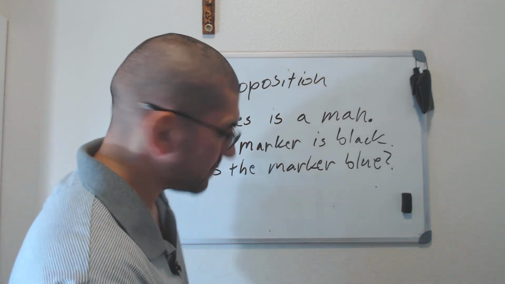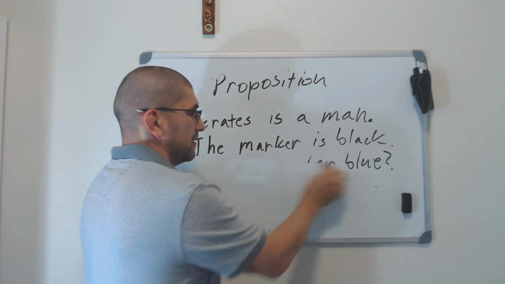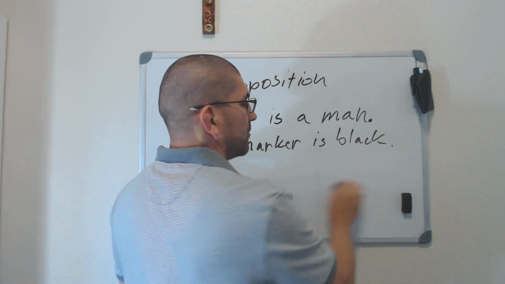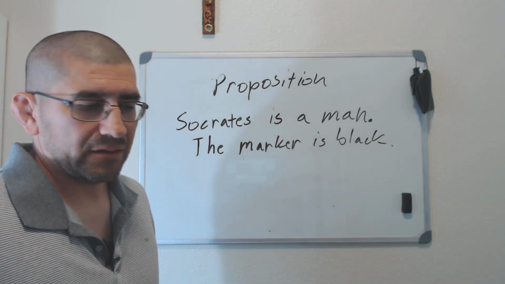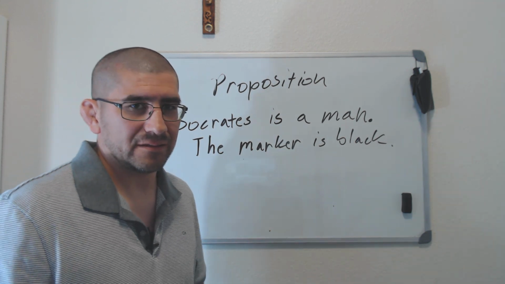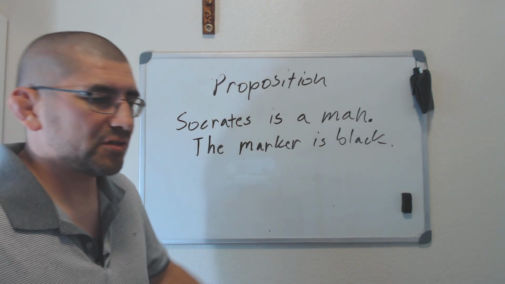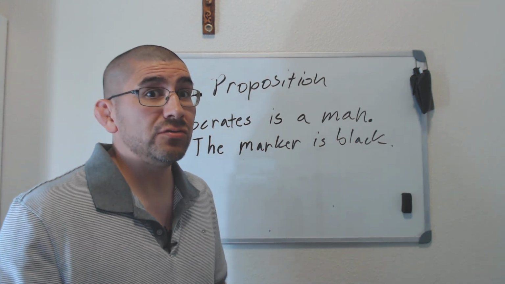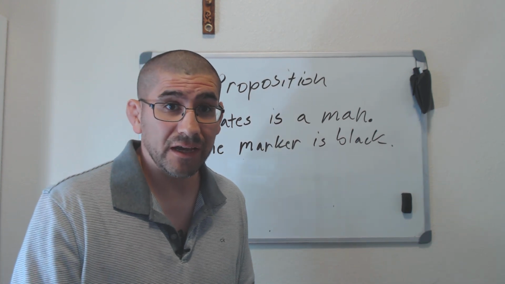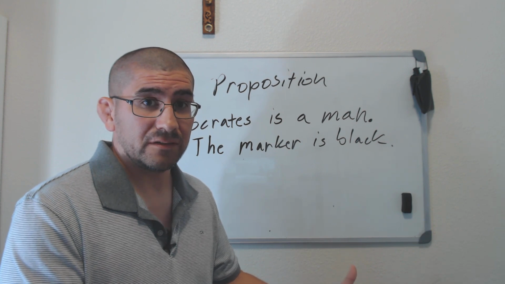So how you tell a proposition is when you say true or false, it actually makes sense. So these are propositions. What are some more propositions? You say thousands of propositions every day. The computer is turned on. That's a proposition.